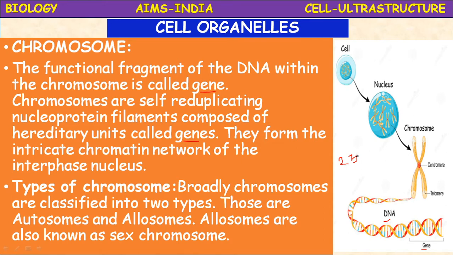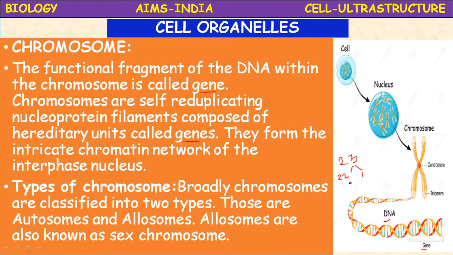Out of these 23 pairs, they are divided into 22 pairs and 1 pair. Pair means double. So 44 plus 2.